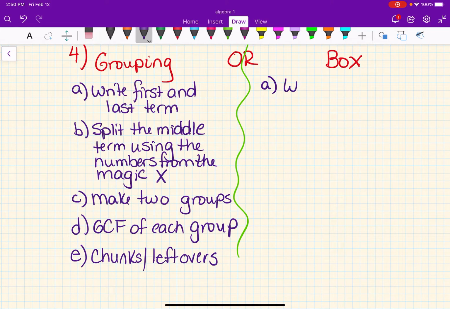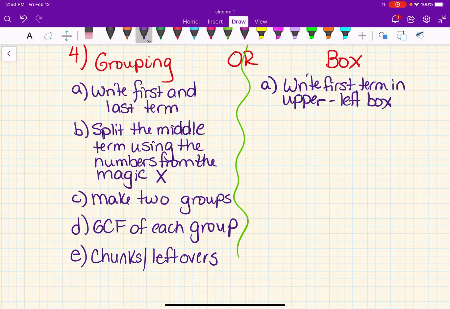So the first thing in the box method is you're going to write the first term in upper left-hand box. I keep leaving off the last letter. I don't know why. The second thing is to write the last term in the lower right box.